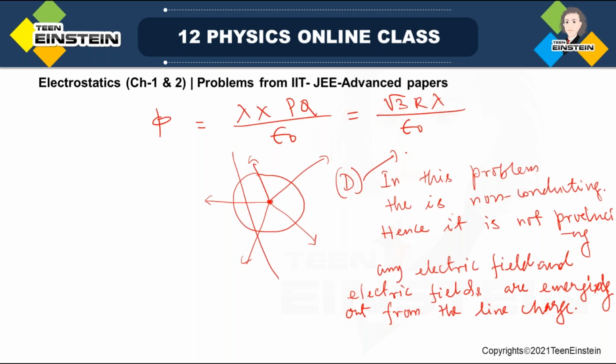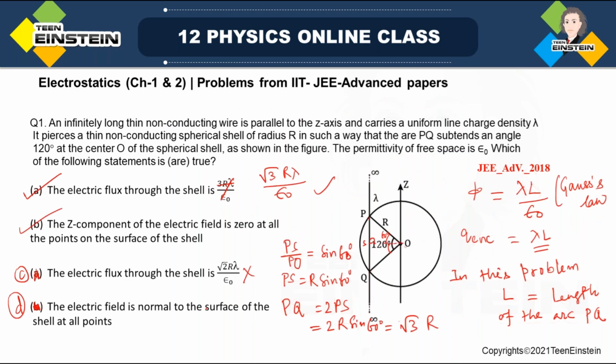Electric field is not normal. Actually we cannot say it will be normal at all the points. It may be normal at some points, but it may not be normal at all the points of the cell.